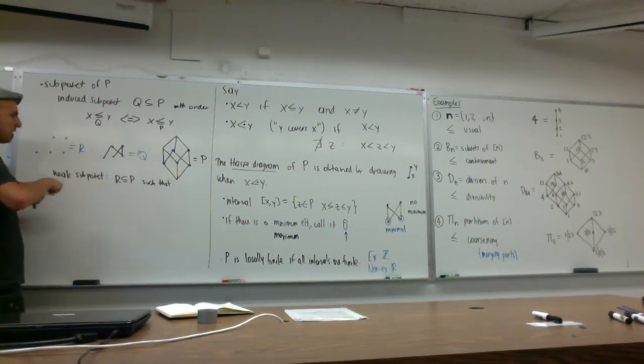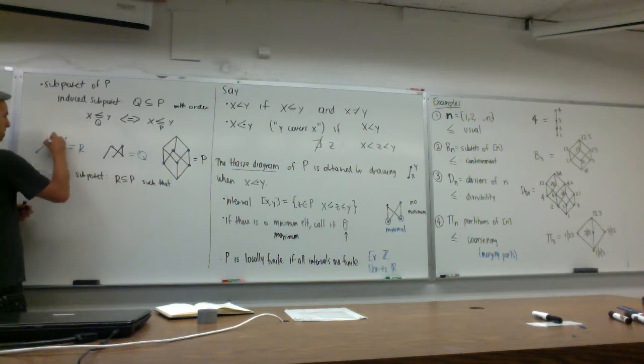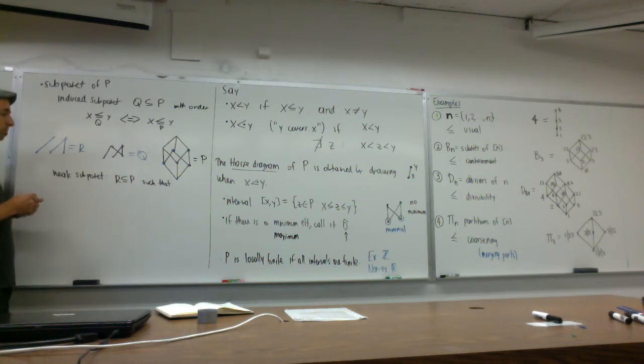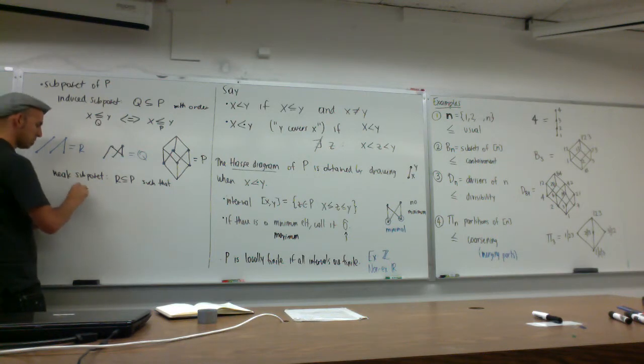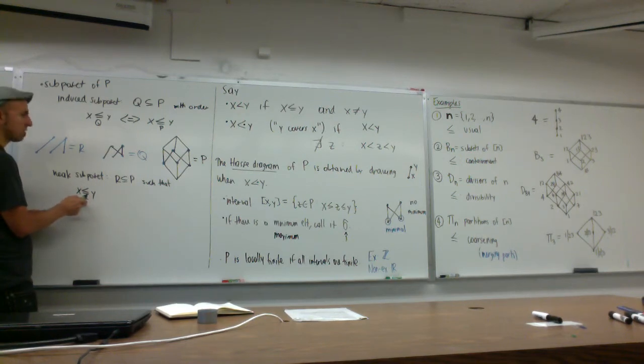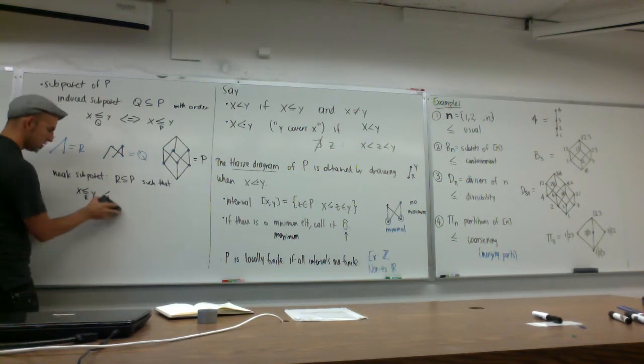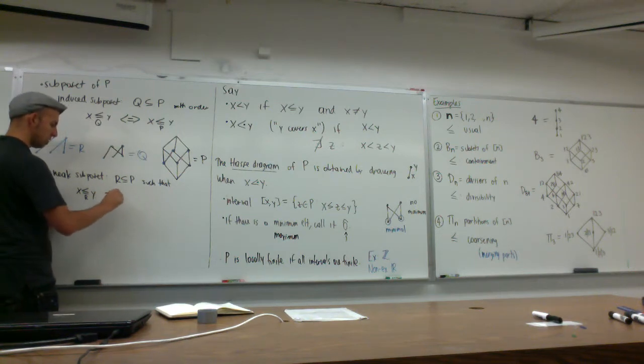So, for example, I might have this and this and this. So the point is that if x is less than or equal to y in my weak subposet, then it's not, okay, this is not an if and only if, but it is an if.